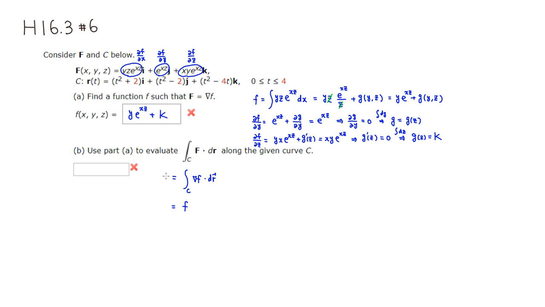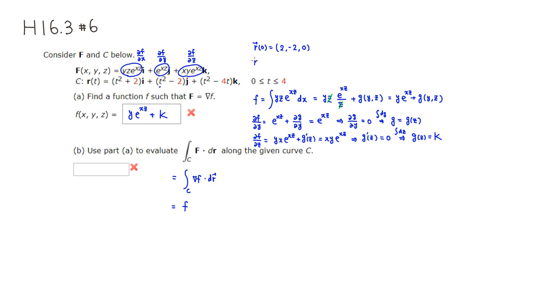minus f of the starting point. So we have to find the ending point and the starting point. The starting point is going to be r of 0. If you plug in 0, you get the point with y equal to negative 2. Actually, the last component is 0, sorry. So that's the starting point.